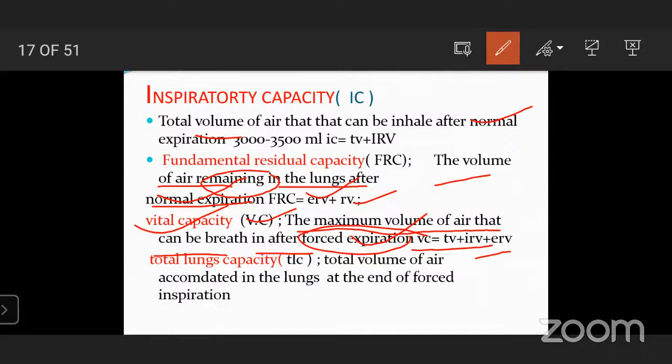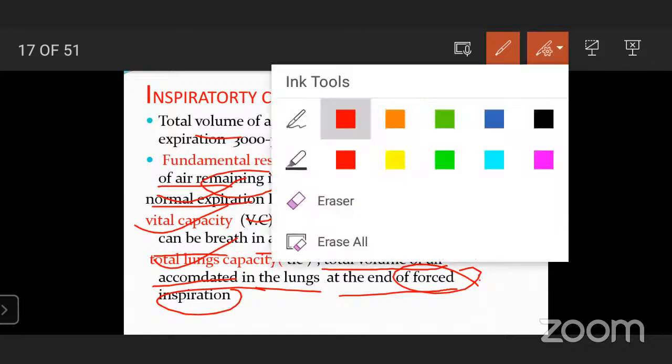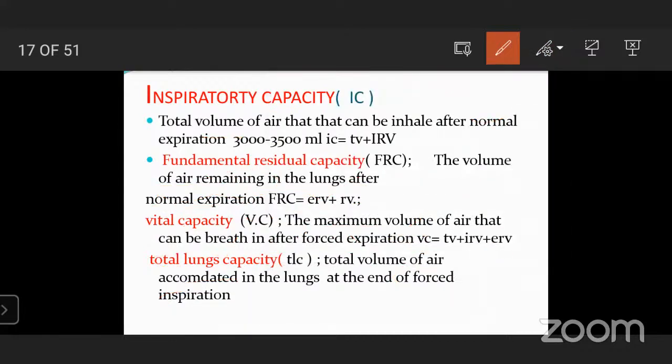Now the last one, the total lung capacity, the total volume of air accommodated in the lungs at the end of forced inspiration.